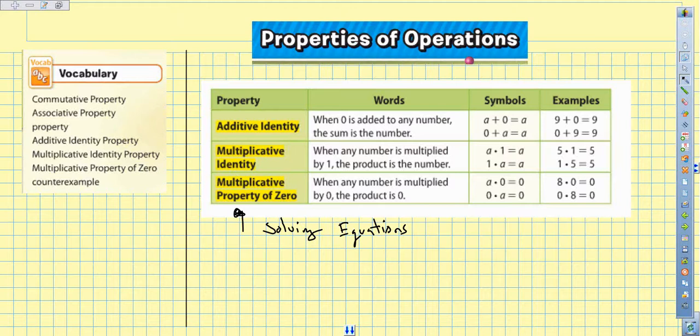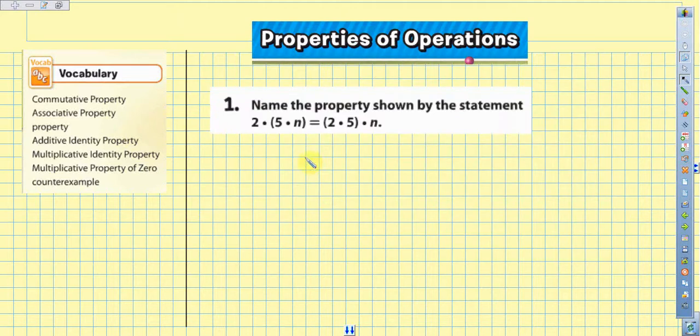Okay, so let's get into problems. Now you're just going to have to identify these. So here's number 1. And number 1 is found on page 368. This is example number 1. Name the property that's shown. What you have to ask yourself is what is being changed, or what changed.